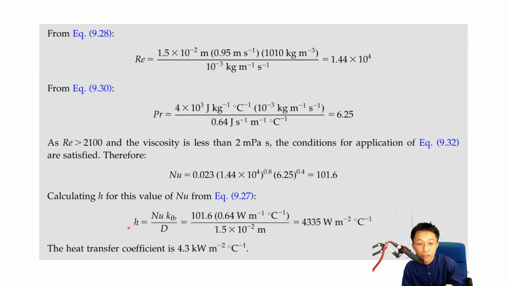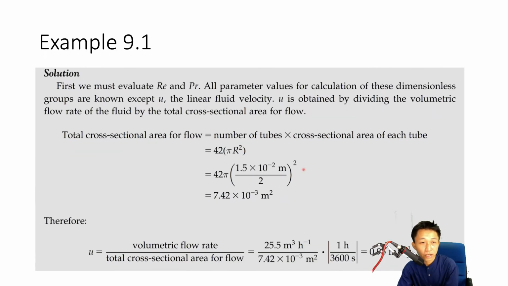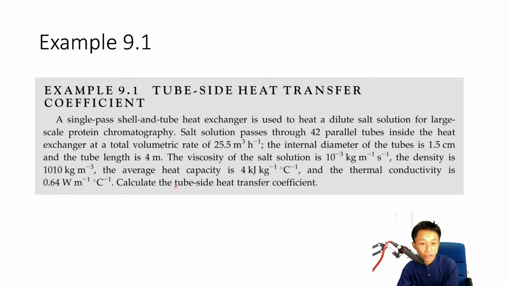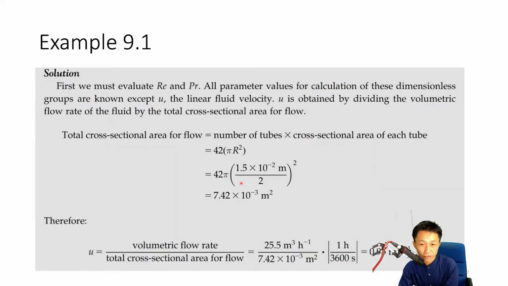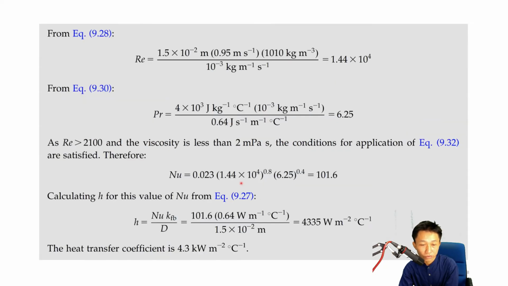So you choose your heat exchanger to have this kind of heat transfer coefficient: 4,335 watts per square meter per degree Celsius. This is from your calculation. The heat transfer coefficient h comes from the Nusselt number.